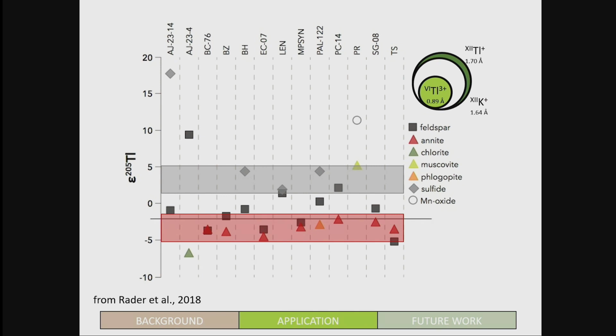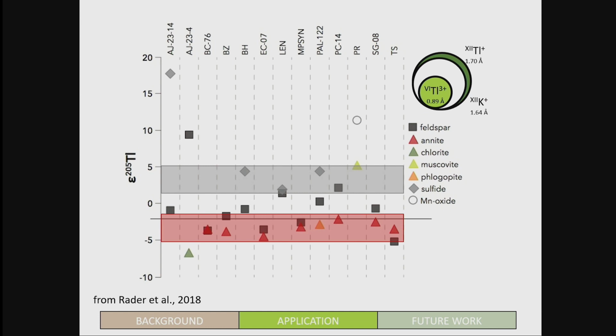And so there's a big mineralogical divide, which is dictated by things like the bond type, the bonding environment, how long or short those bonds are. And so there is a very, very notable mineralogical control, and that results in a strong isotopic fractionation across the board, sort of regardless of what our geologic setting is.